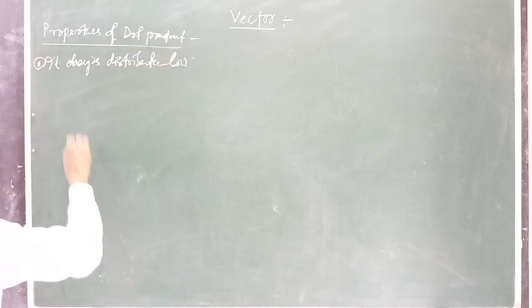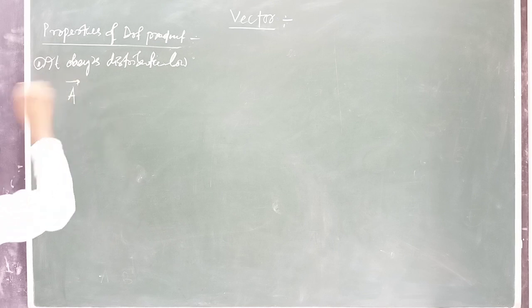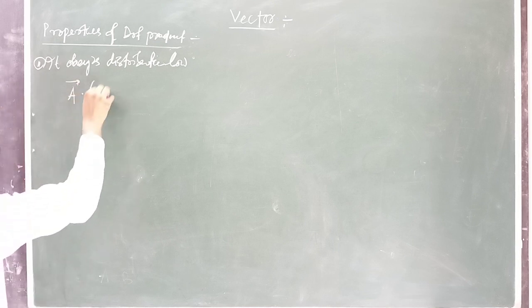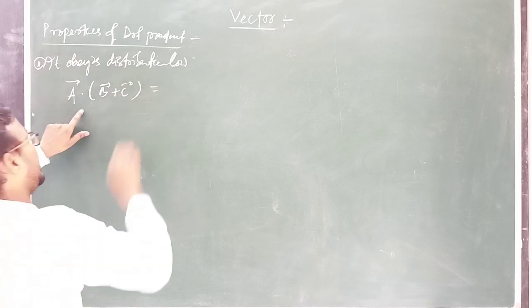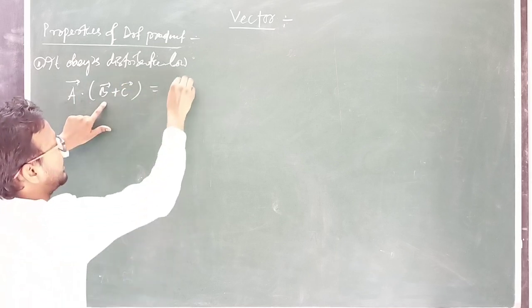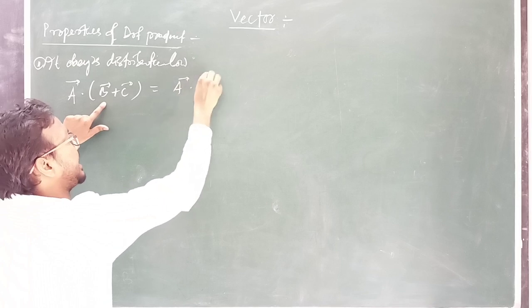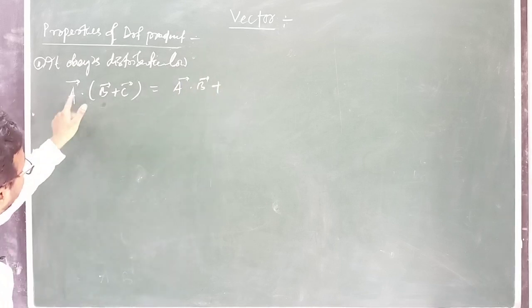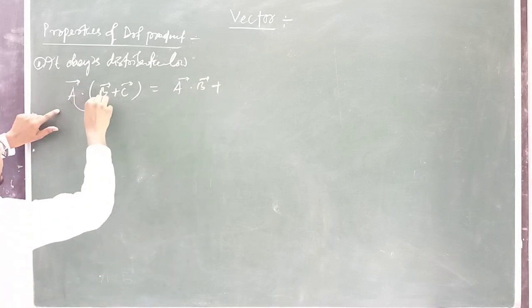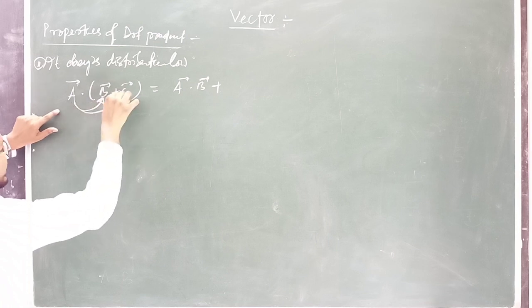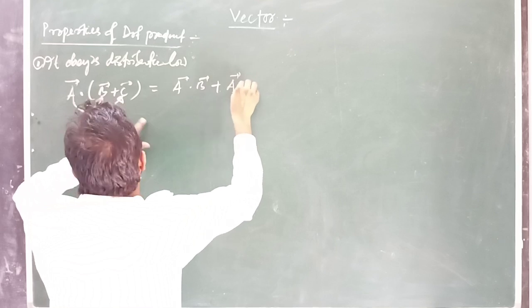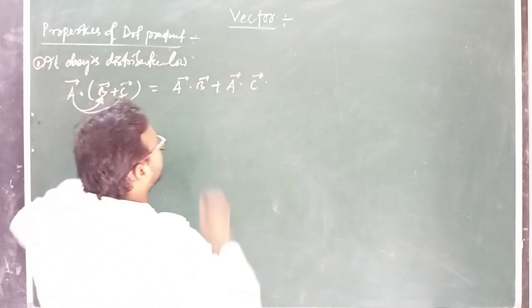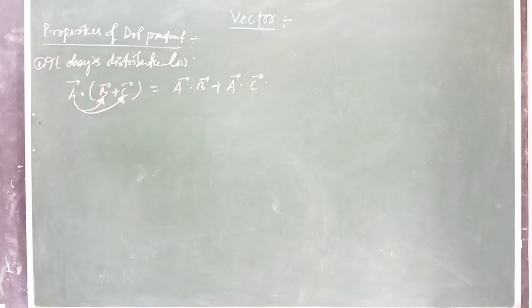Law of distribution means, suppose I write one vector A dot B plus C vector, which will be equal to A dot B vector plus A dot C vector, because of multiplication, A dot B and A dot C, but here you have to use the dot sign. Clear? So this is the distributive law.